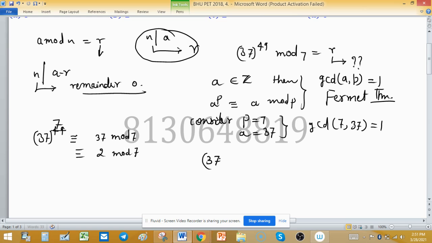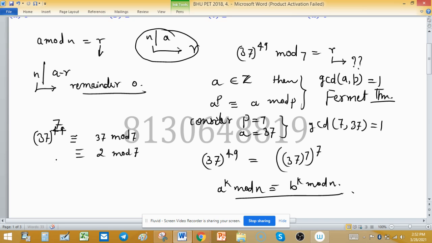Because we are seeking 37 raised to the power 49, and this we will get when 37 raised to the power 7 is whole raised to the power 7. That means a raised to the power k mod n is the same as b raised to the power k mod n.